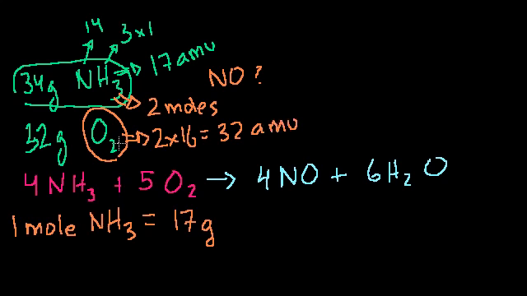One molecule of O2 is 32 atomic mass units, so 1 mole of O2 is how many grams? Well, if one molecule is 32 atomic mass units, then 6 times 10 to the 23 of those molecules are going to be that many grams. 32 grams.